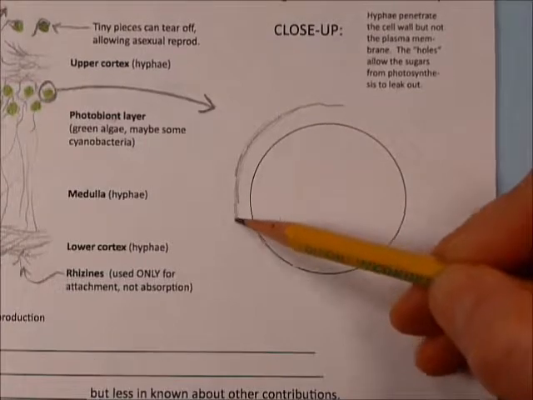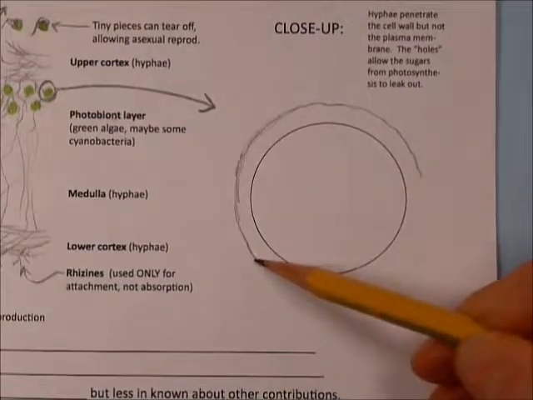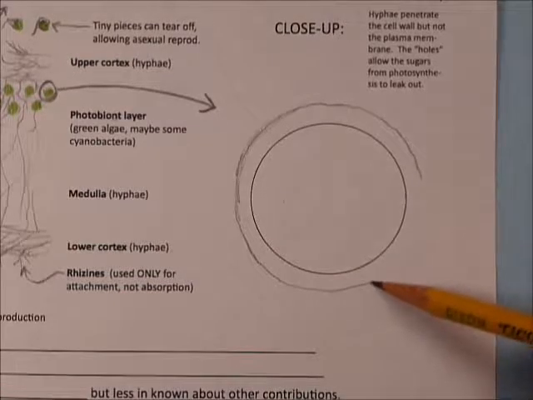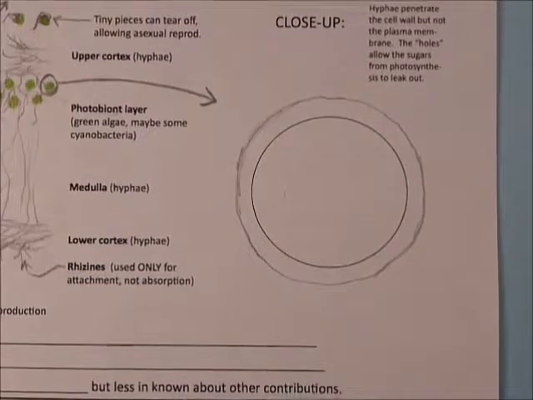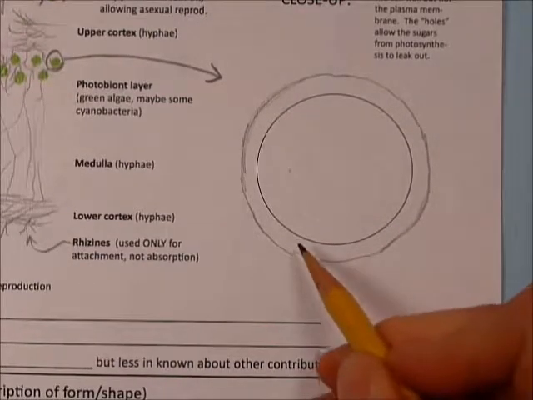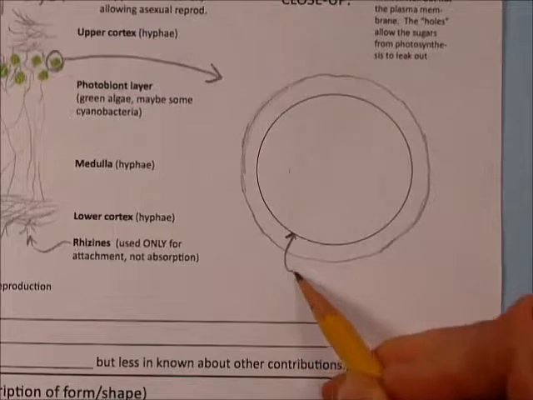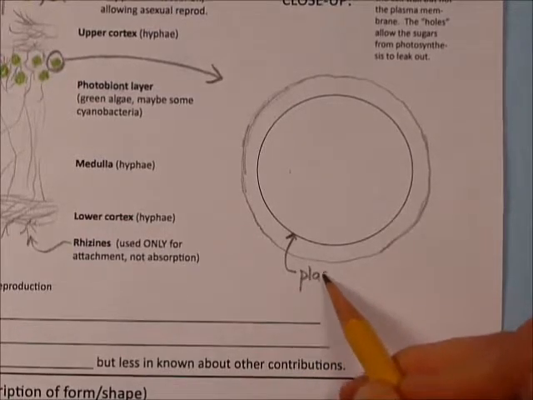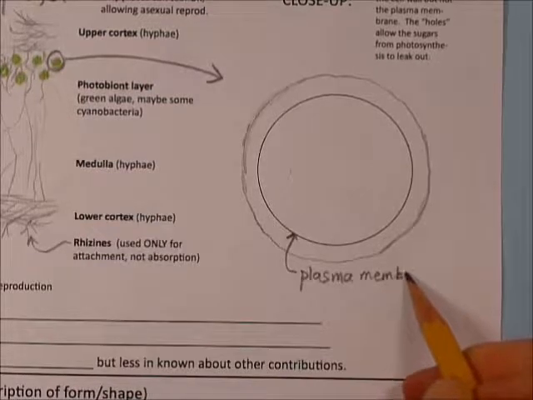But an algae has, like all cells, a plasma membrane. So after you have this drawn, let's put an arrow pointing to that inner circle and write plasma membrane.